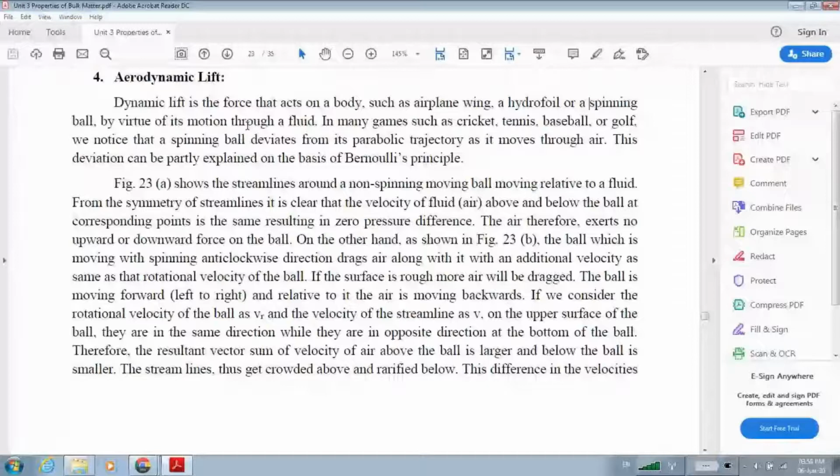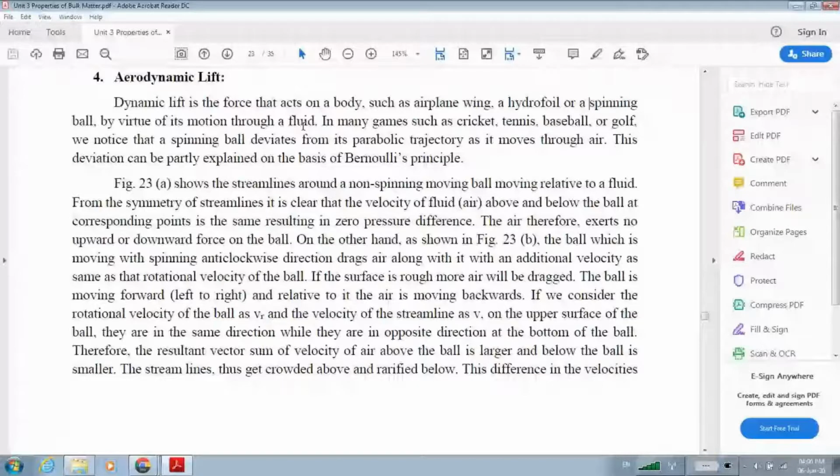And when it is spinning, the velocities of the streamlines of the fluid will vary on either side of the object compared to the other side. So due to these variations in velocity, pressure changes will come, and due to pressure changes, the dynamic lift will come. As a result, the object will deviate from the expected path when it is rotating.